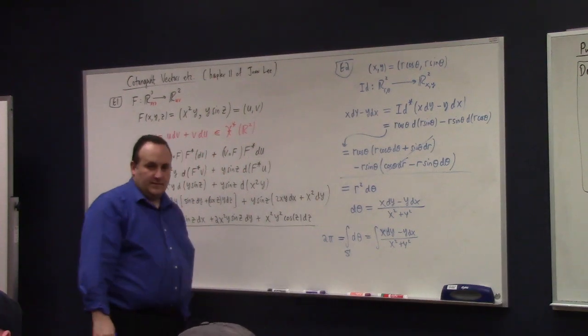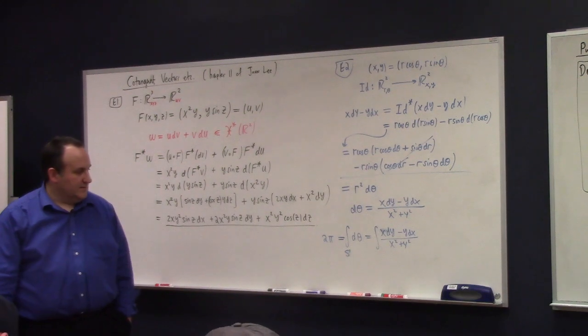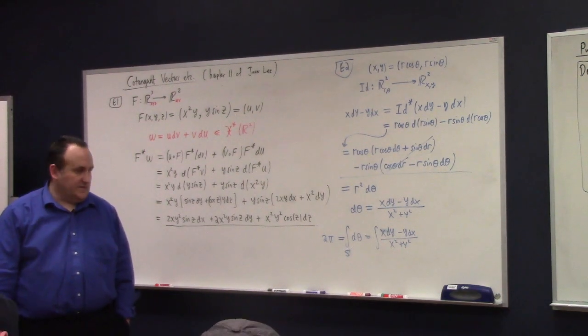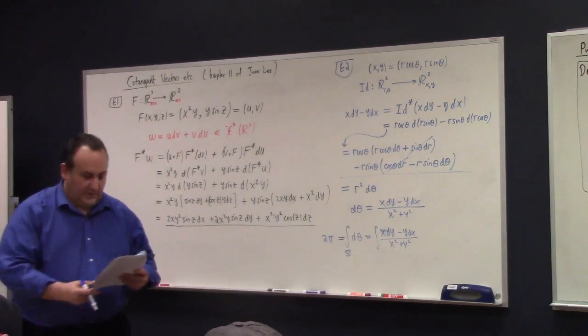So the integral of this particular covector field around the circle gives us 2 pi. This is a very important example in the story of integration.